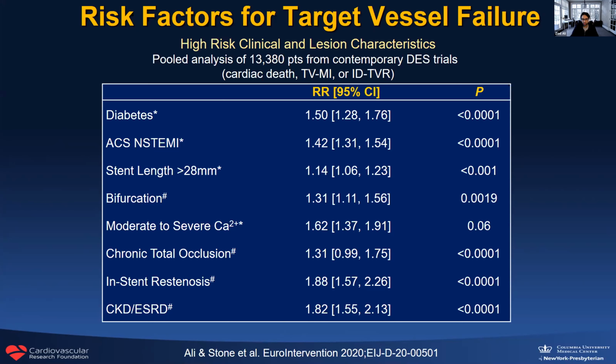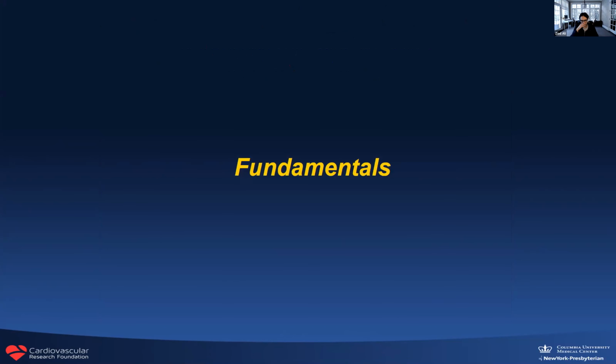So these are largely the ischemia-style stable CAD patients. And as a result, if we're going to treat them to prevent a worsening outcome compared to medical therapy, they really need to be treated properly.